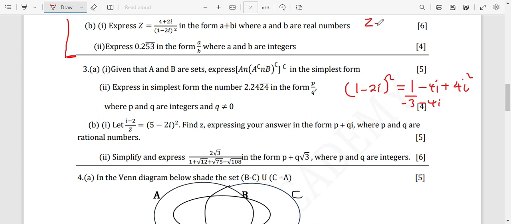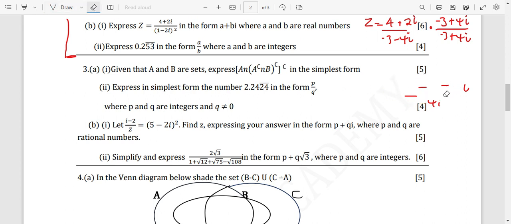So meaning that z is equal to 4 plus 2i divided by negative 3 minus 4i. So from here, rationalize. Multiply on top and down by the conjugate. That will be negative 3 plus 4i divided by negative 3 plus 4i.